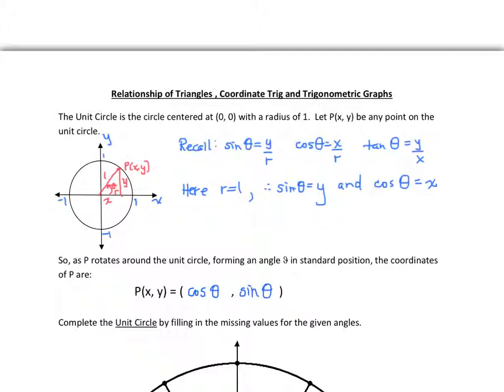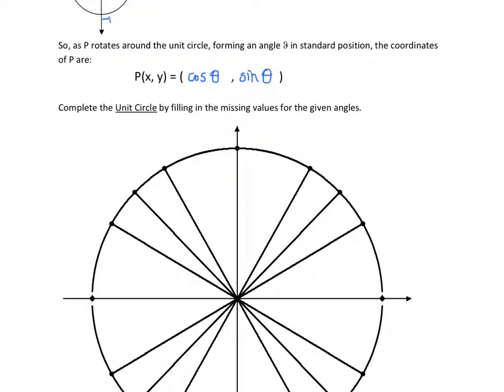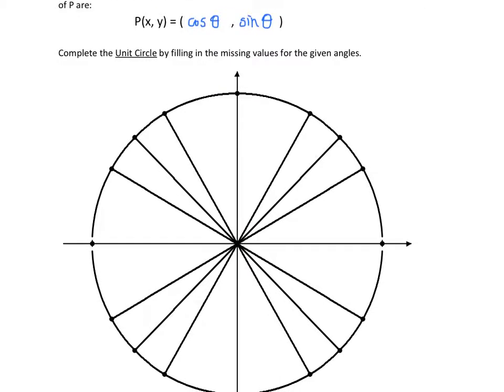Now what that allows us to do is to fill in the coordinate points for all of the points rotating around the unit circle for our special angles, because in order to do this we will make use of our special triangles. So let's actually just draw sort of a quick reference of those special triangles here in your note.